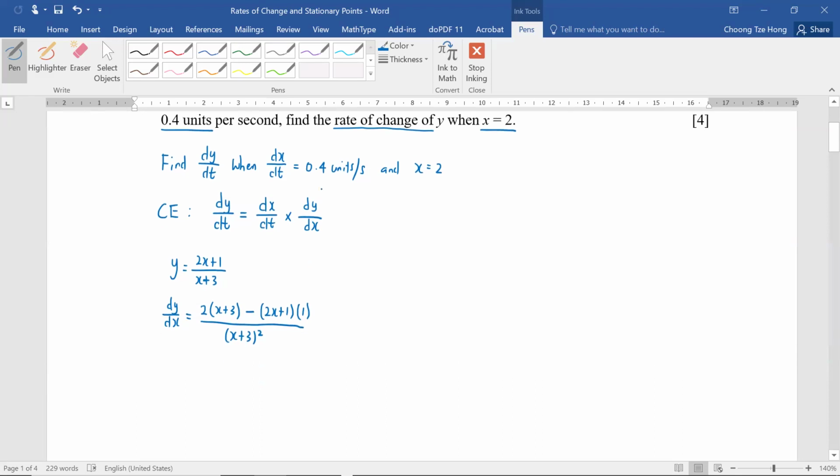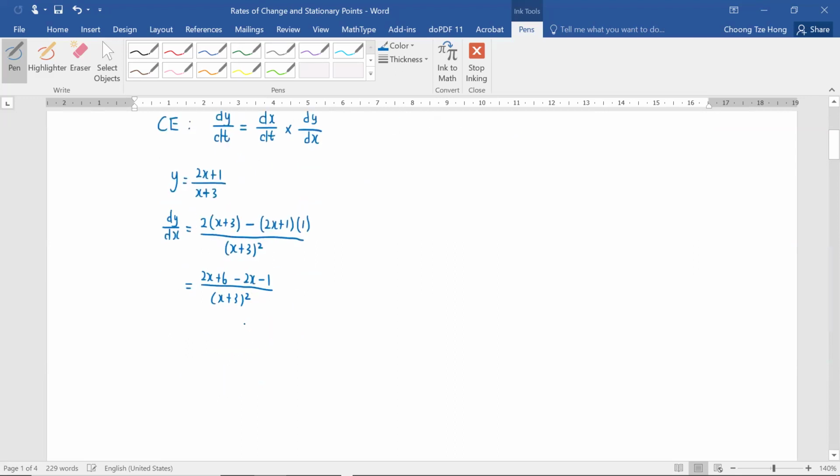All we need to do is tidy up the expression. Over here we will have 2x plus 6 minus 2x minus 1 over x plus 3 squared. If you simplify the top, we'll just be left with 5 over x plus 3 squared.